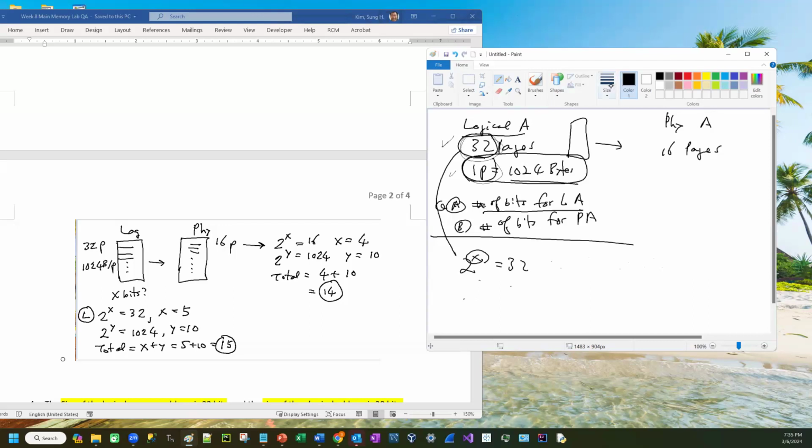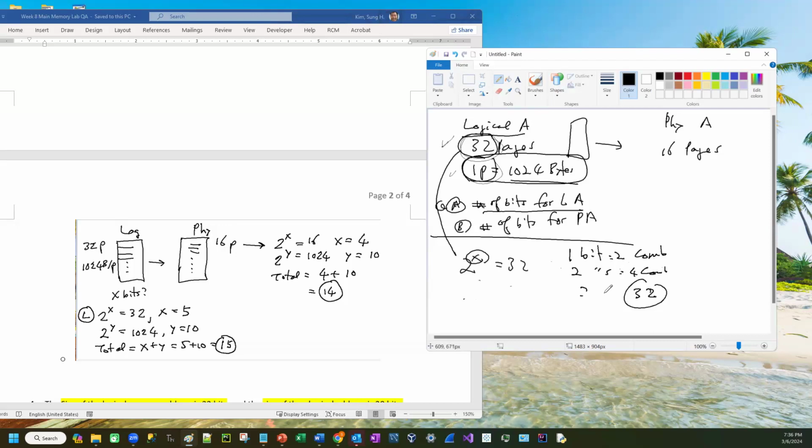Let me just kind of write on the side here. If I have 1 bit, I can get 2 combinations, right? If I have 2 bits, I can get 4 combinations, right? So if I need 32, then what do I need?